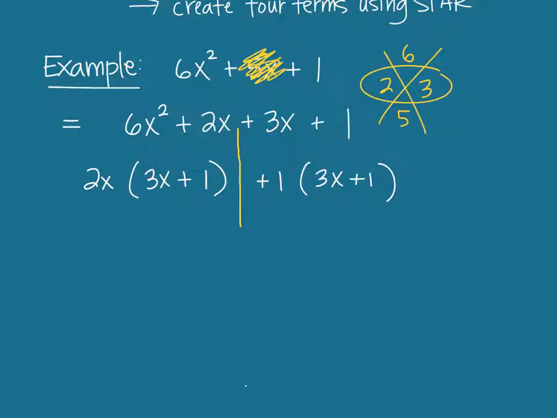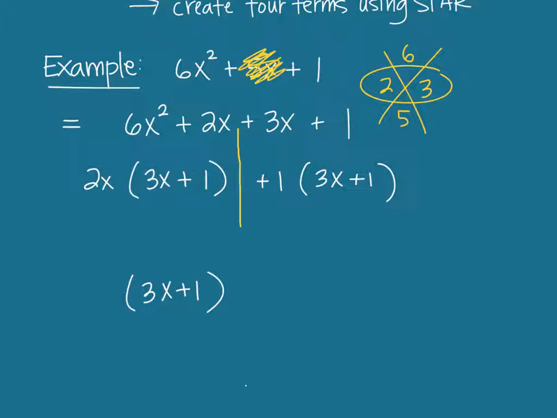And if you have done the process correctly, you'll notice that on both sides of the yellow line are the same parentheses. The purpose of factoring is to create parentheses, and we've just created identical parentheses. So the first parenthesis of your answer is 3x plus 1.